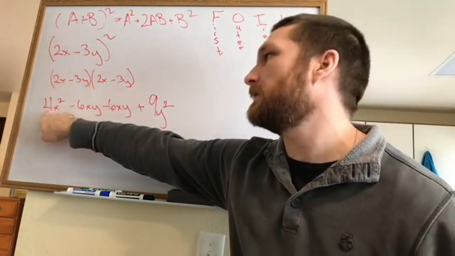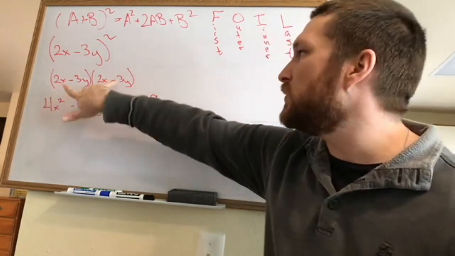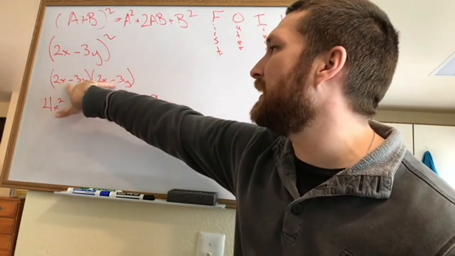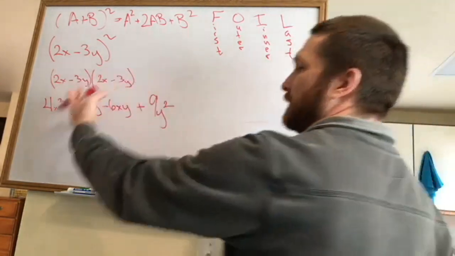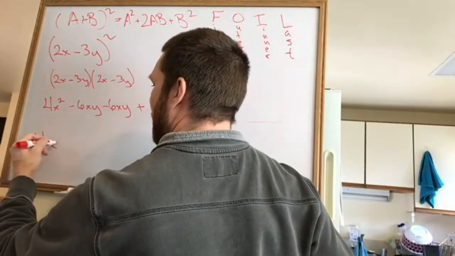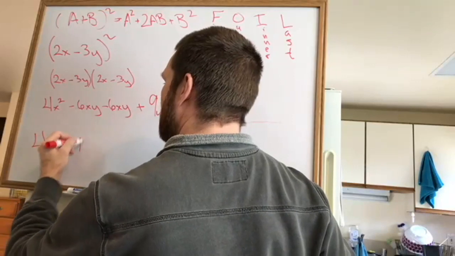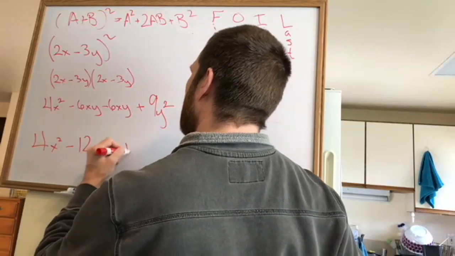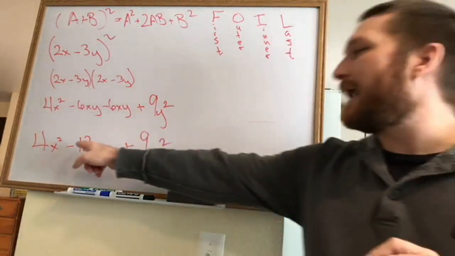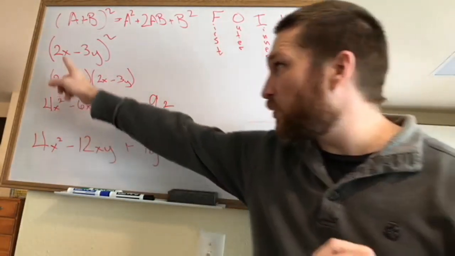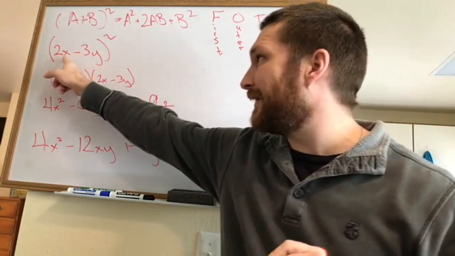It's got to come out to be positive. When you do this, the outside and inside terms are both going to be negative. I'm just going to cut to the chase and combine these together: minus 12xy plus 9y squared.